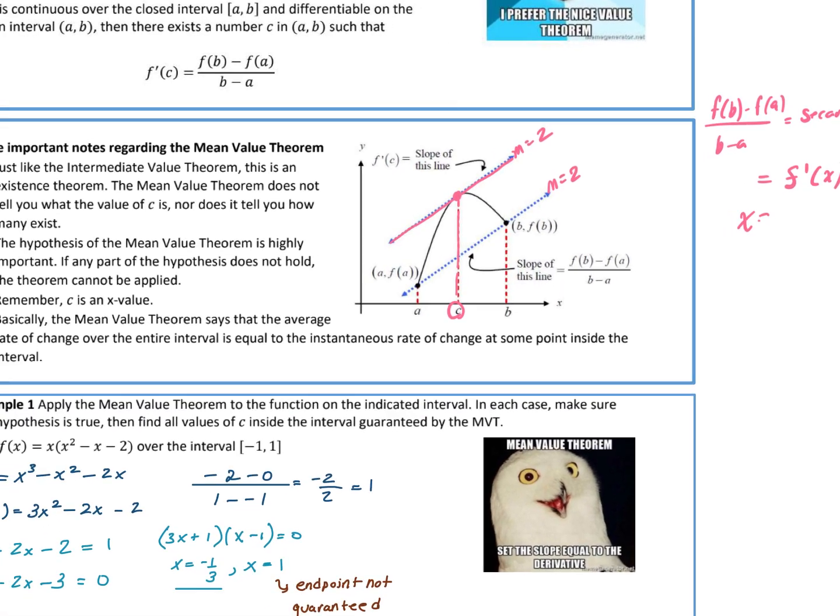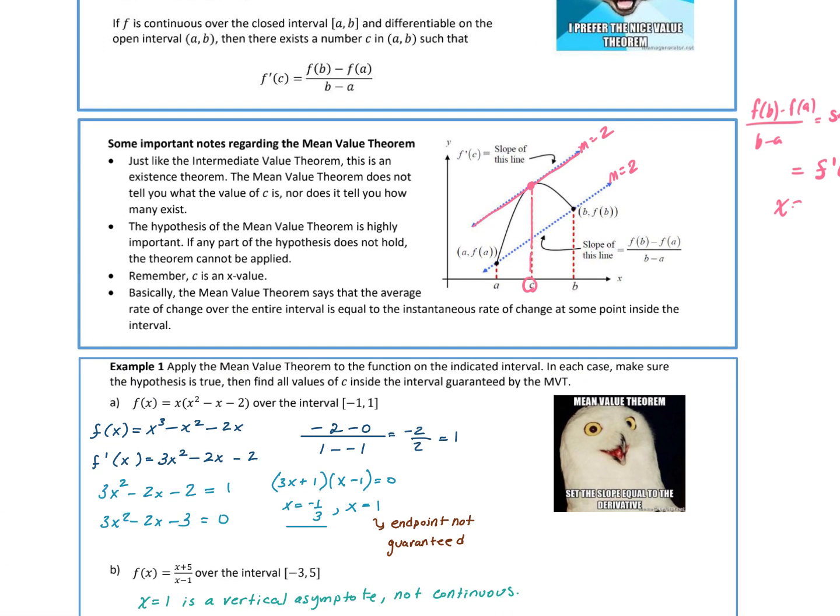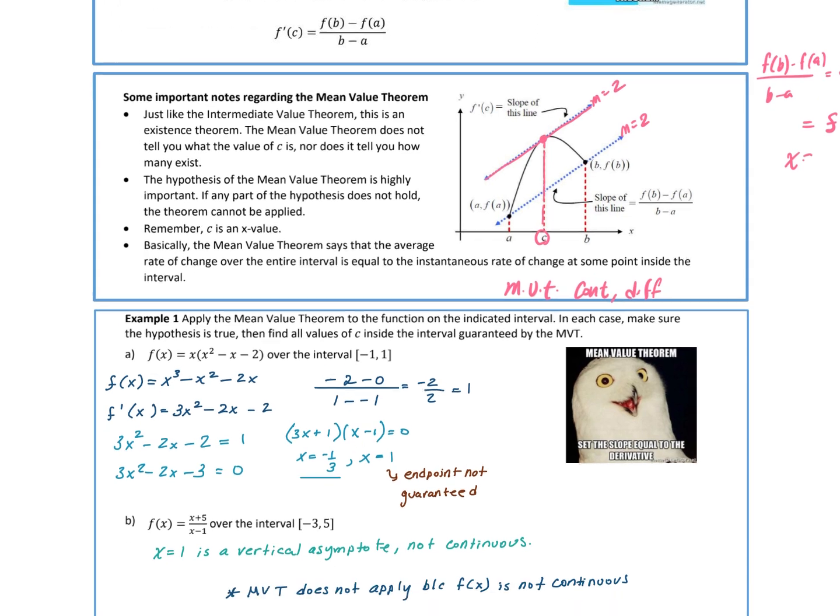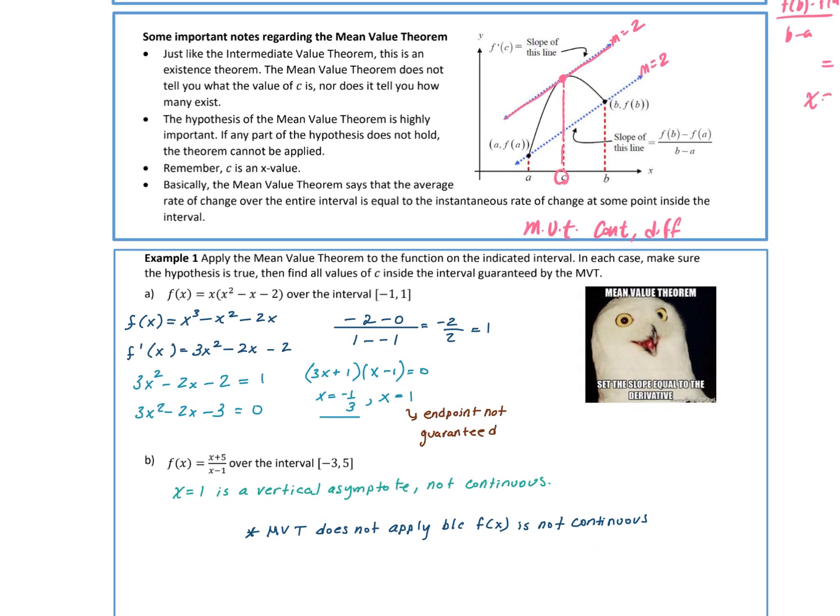Now, in order for the mean value theorem to be applied, two things have to be true. The function has to be continuous and differentiable. Okay? So make sure you state that when you're using MVT. You can abbreviate it, you could say MVT, but you always want to say it's continuous and differentiable, therefore we can apply MVT. Okay?